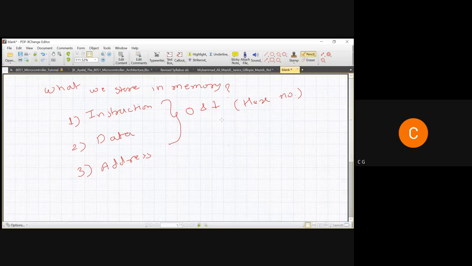There may be some other shortcuts that you can use. If you do 4 into 5, in 3-bit binary, it is just 1 0 0 multiplied by 1 0 1. So it is like 4 into 5.